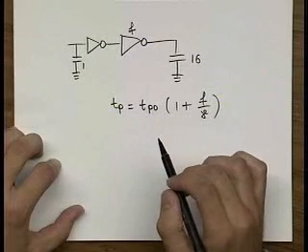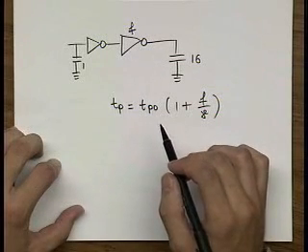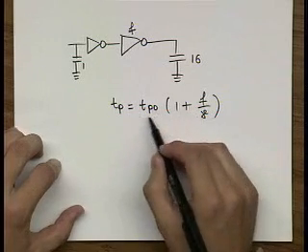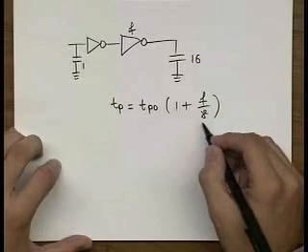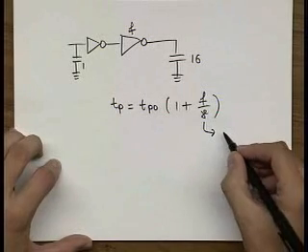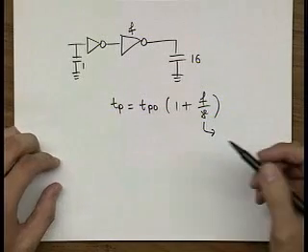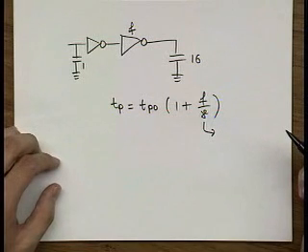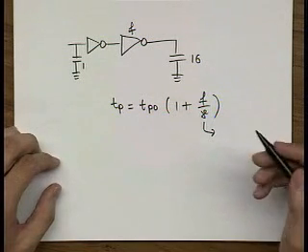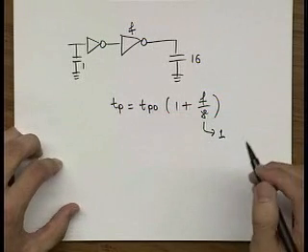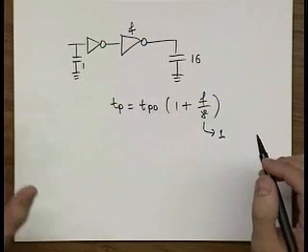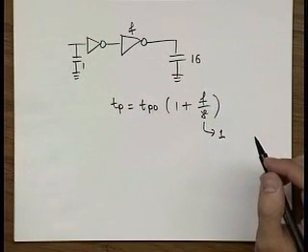It was a purely topology and technology dependent parameter, so we put it in front and scale everything to that parameter for a given technology. Then we have this parameter gamma, which was equal to the ratio of the gate and intrinsic capacitance for an inverter.